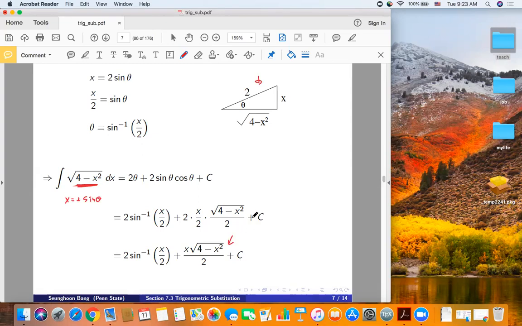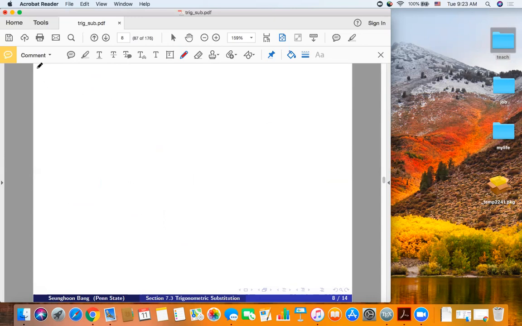So I can summarize in general form here. We have 3 kinds of expressions in the integrand. The first one is of the form a squared minus u squared. The second expression is a squared plus u squared.